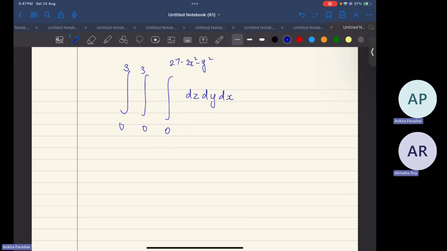So 162 units. 162, well, yes, 162 is the answer.